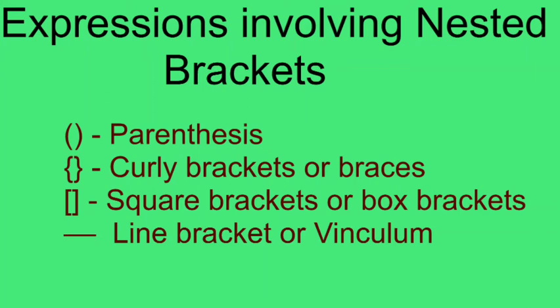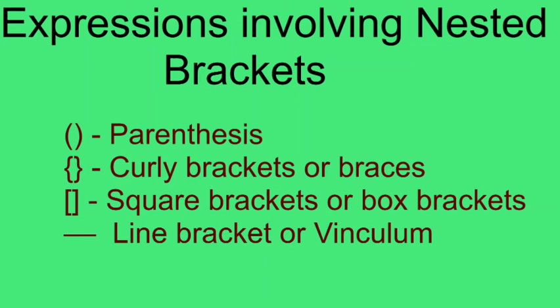The first bracket that we are familiar with is called a parenthesis, and the second, curly brackets or braces. We also call curly brackets braces, and then square brackets or box brackets, then line bracket or vinculum.